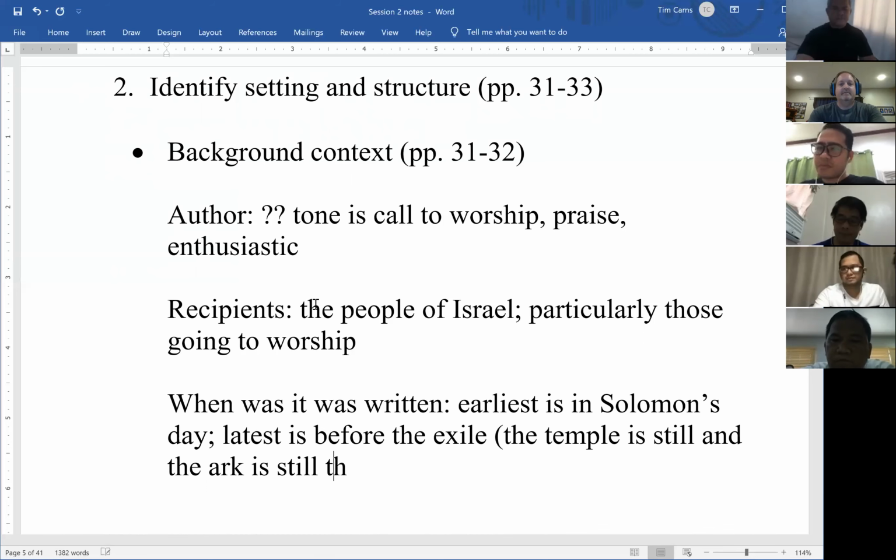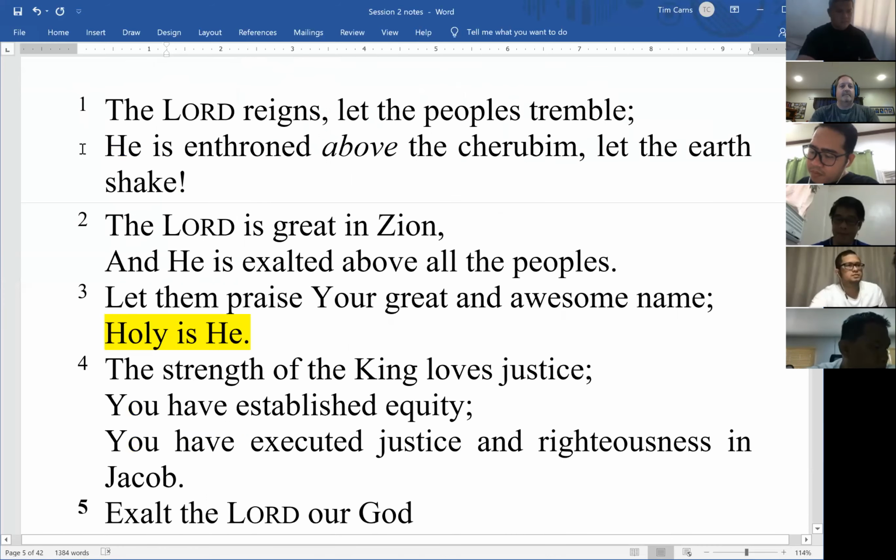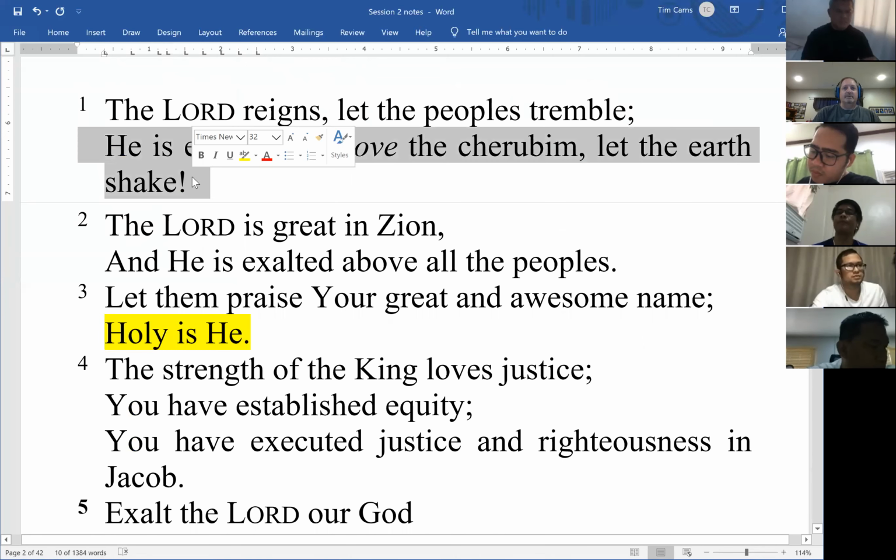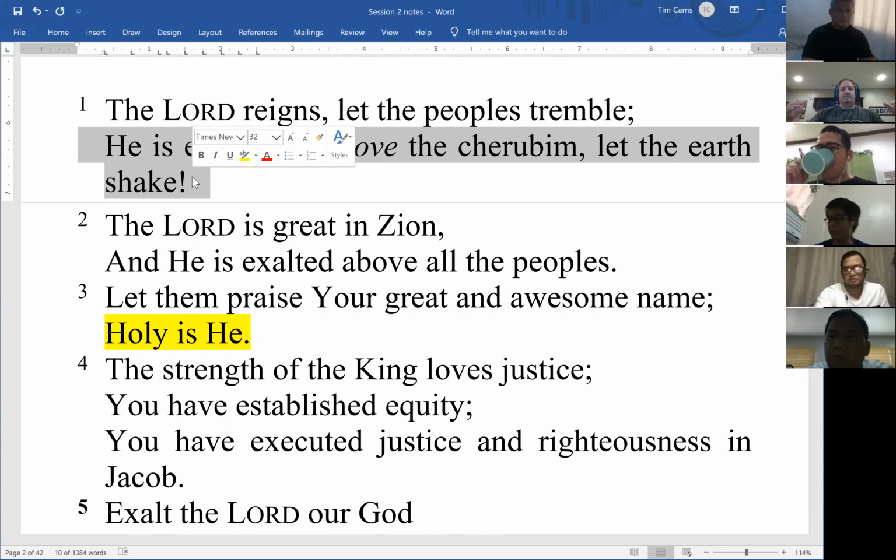Okay, because if we go back and look, remember he talks in verse 1 about how he is enthroned above the cherubim. That's likely a reference to the picture of the ark in the Holy of Holies.